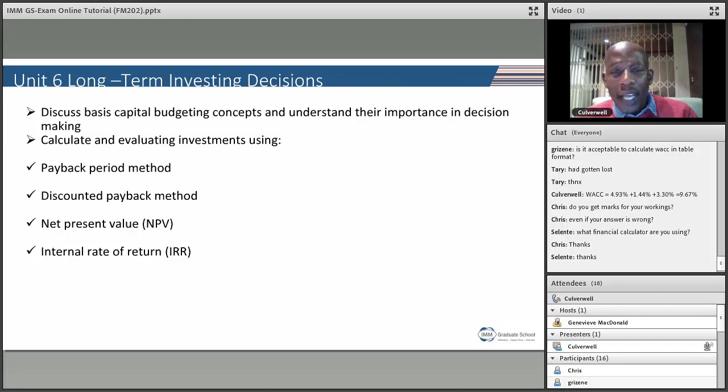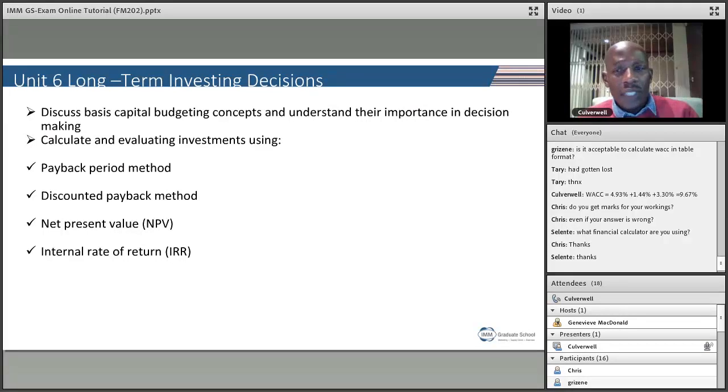You then accept the one with the highest NPV, provided the question has told you that these are mutually exclusive projects. You need to pick one of the two, not all of them. So those are your two decision criteria pertaining to NPV. Pick the one that will give you the highest positive NPV, but it still needs to be positive first.